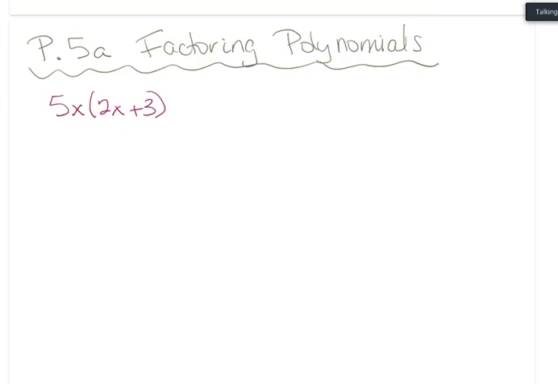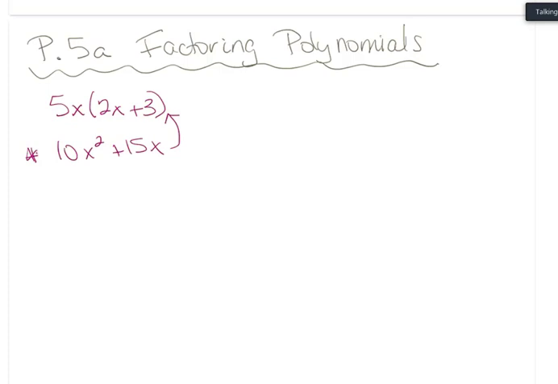So then what do we get? 10x squared plus 15x, right? So when we want to factor polynomials, or pull those factors out, we're really just working in the reverse order. So this is what they're going to give us, and we want to get back to this form.